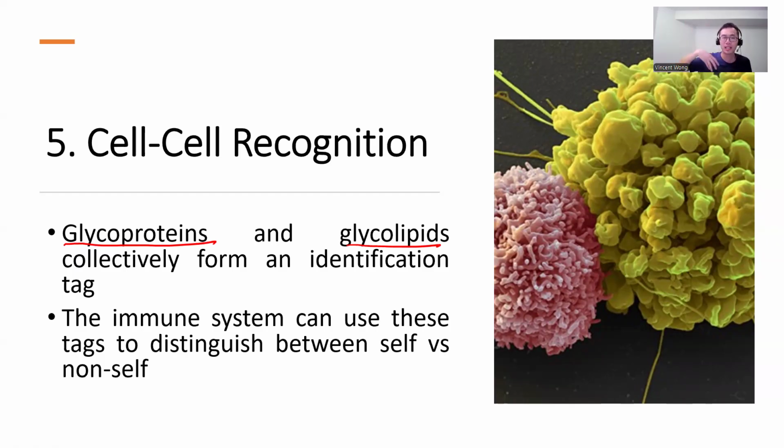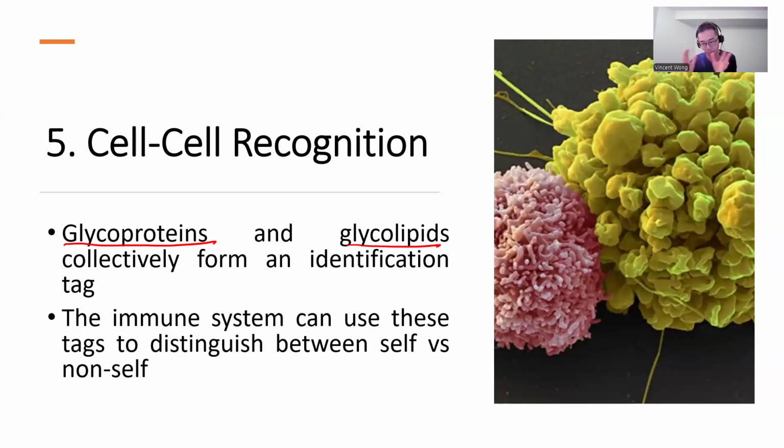When a bacteria invades your body, they would have very different ID tags because they have very different glycoproteins and glycolipids on their surface. So your white blood cells will be able to recognize them and attack them immediately. Okay, your glycoproteins, your glycolipids are going to be different from everyone else. Okay, you have a unique set of them.